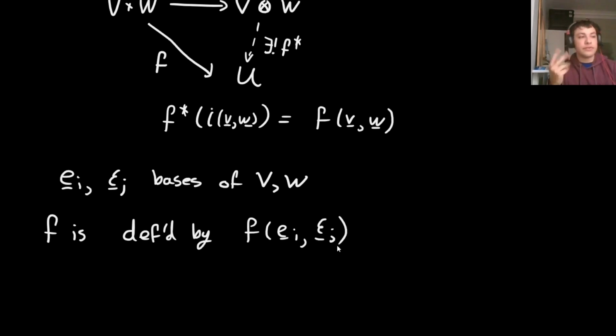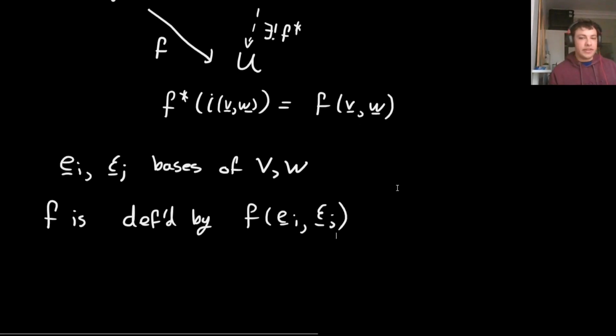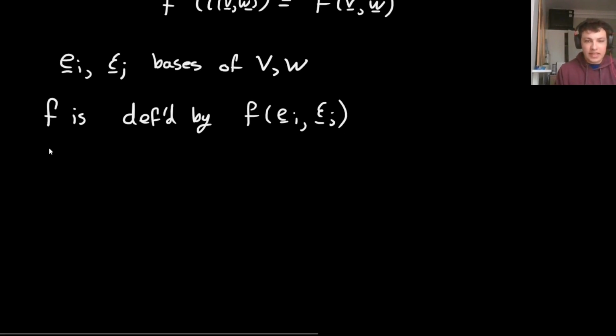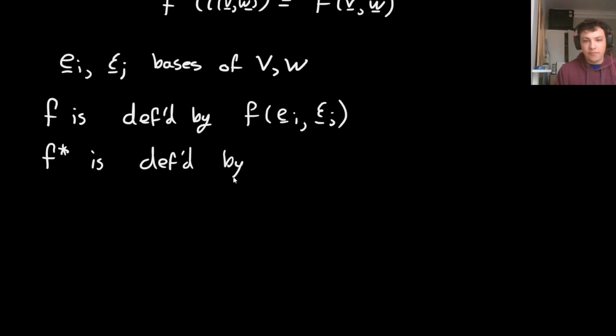If you know all of those, then you can expand it to all of v cross w. That's a good way to completely and uniquely define f, is its values just on those basis vectors. And likewise, f star is defined entirely by its value on the basis e_i tensor epsilon_j.